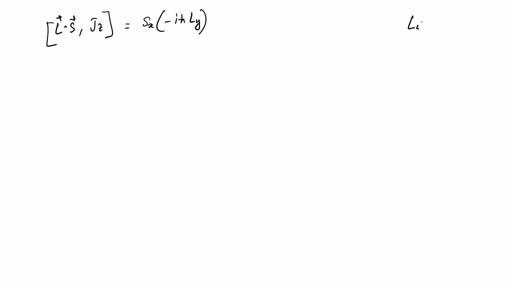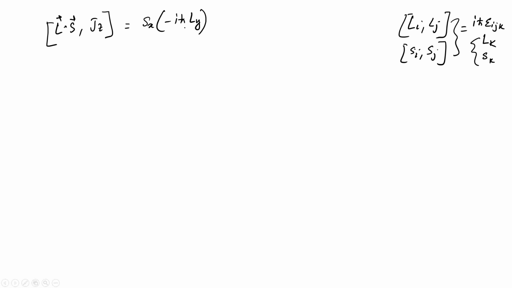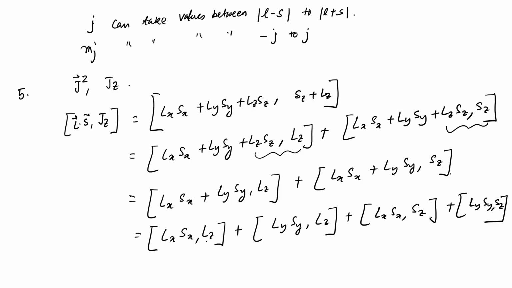Remember, the commutator of Li Lj or Si Sj, both are equal to iħ epsilon ijk, with either Lk or Sk. So this is the first term, and then you have a term which is Sy into minus iħ Lx, and this minus sign is because you have broken the cyclic order.